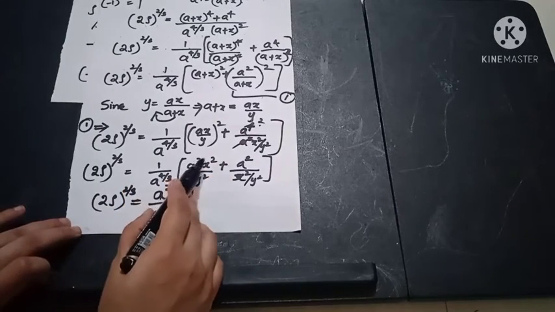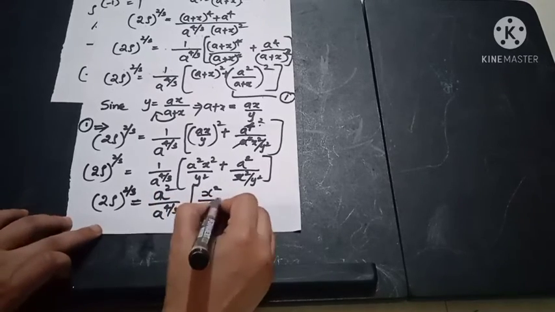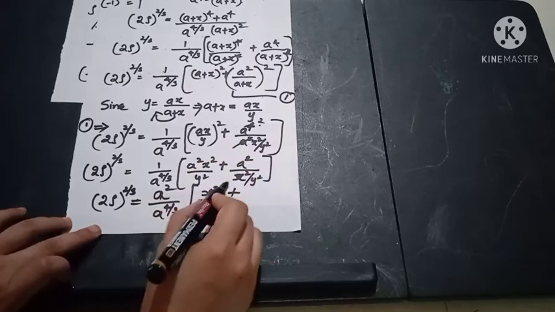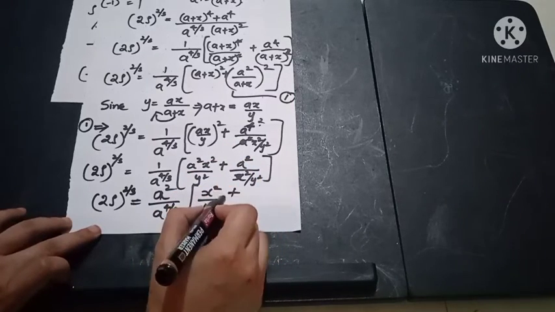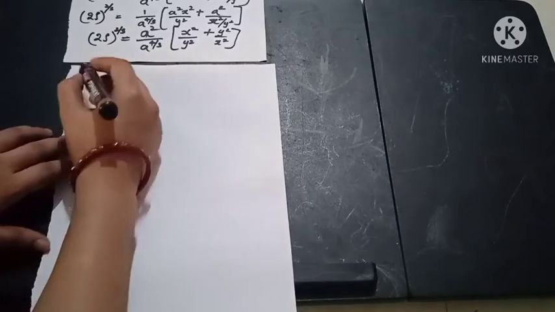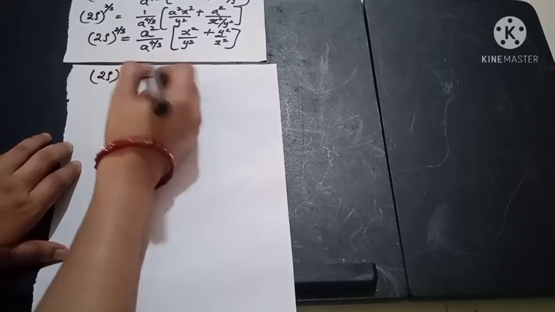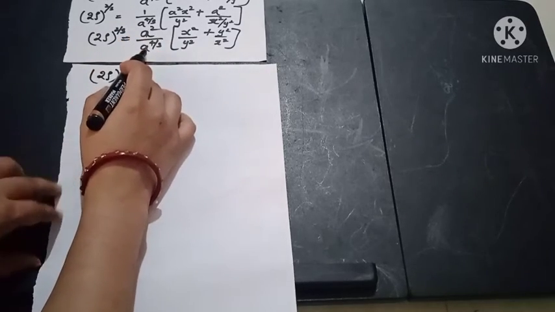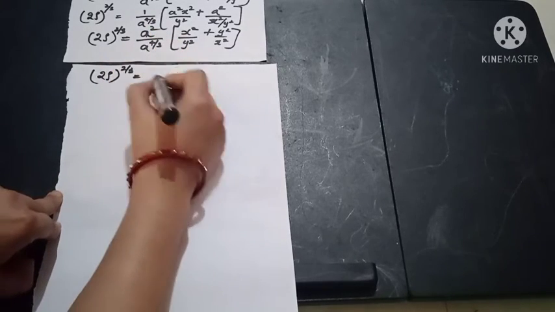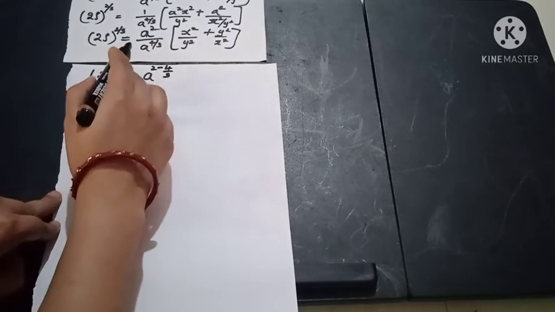So I take it out, and we are left with x^2 by y^2 plus, here the y^2 goes to the numerator and x^2 remains as it is, so y^2 upon x^2. Then a^2 upon a^(4/3) is a to the power of 2 minus 4/3, where I take the 4/3 to the numerator, so plus becomes minus.